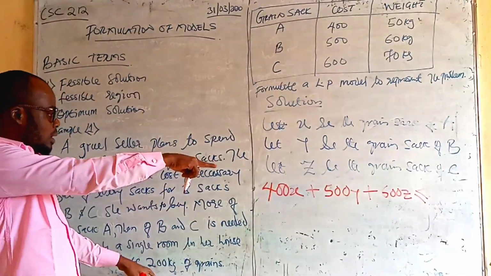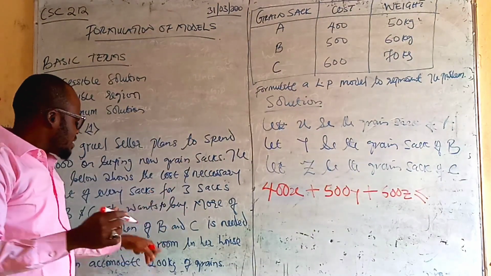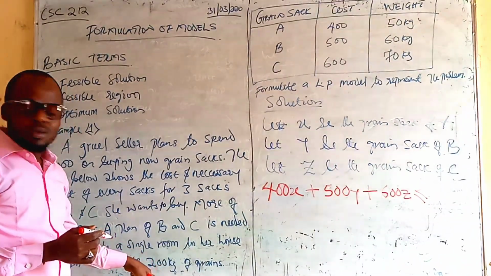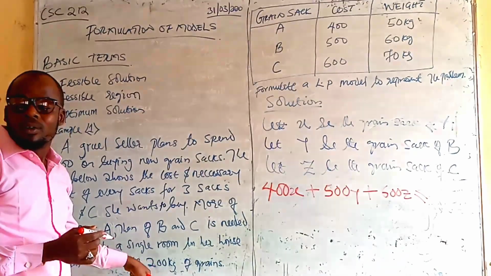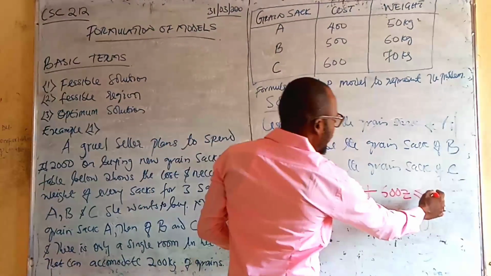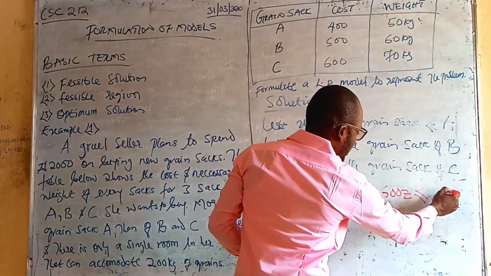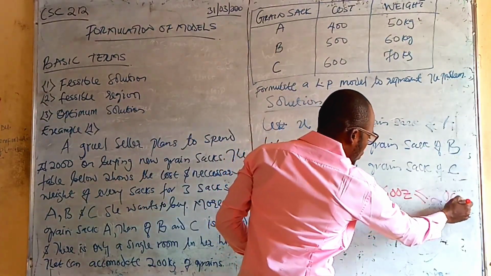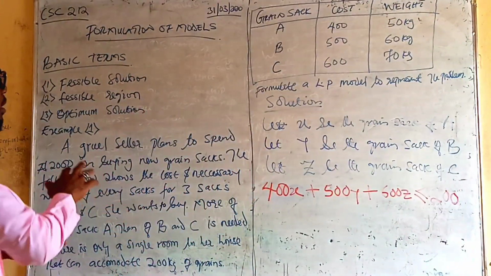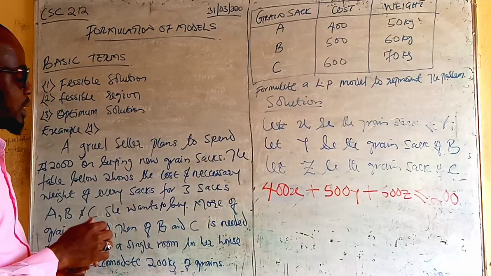So we have to make it less than or equal to that 200 kilograms that our room can accommodate. Then we finish off with the first segment.